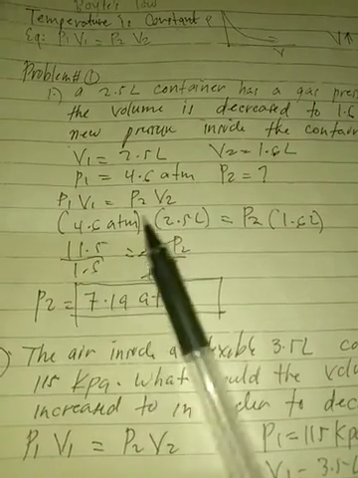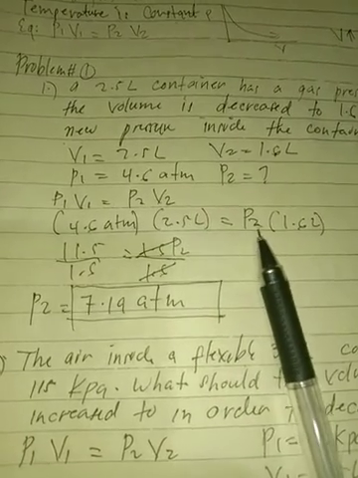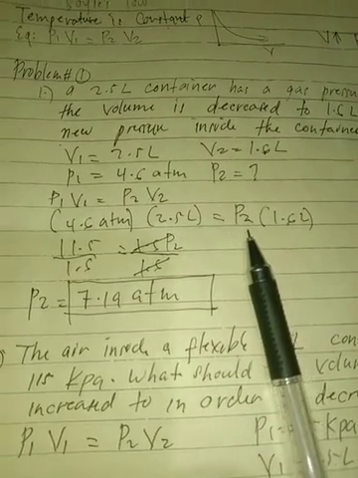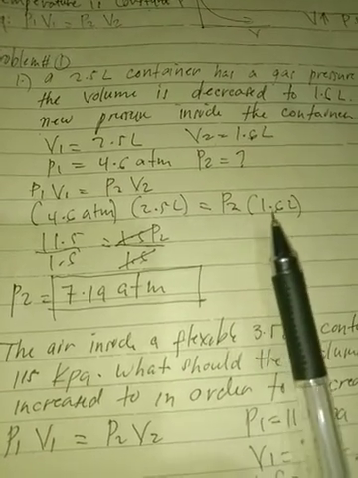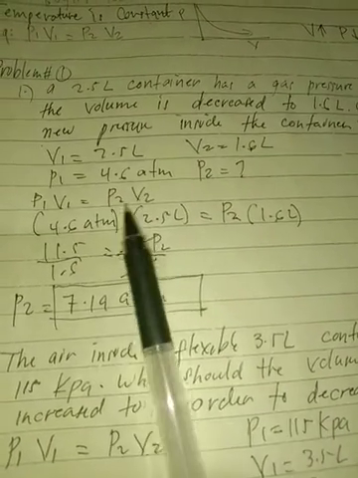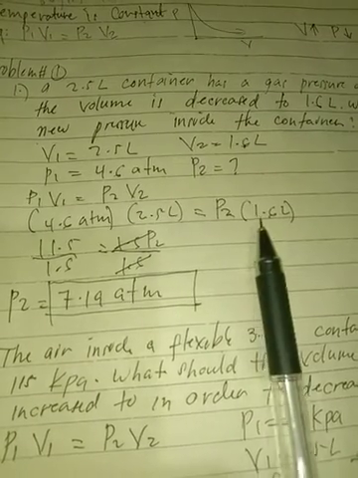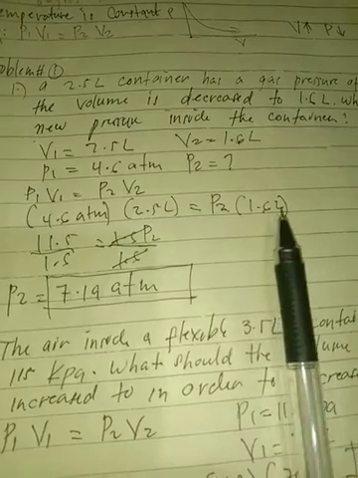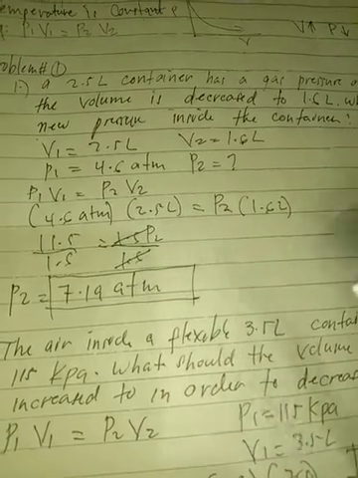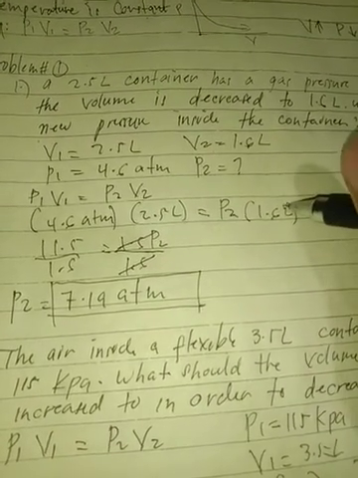Then the value of our pressure 2 is unknown, so that's what we are going to find. The value of V2, the volume 2, is 1.6 liter.